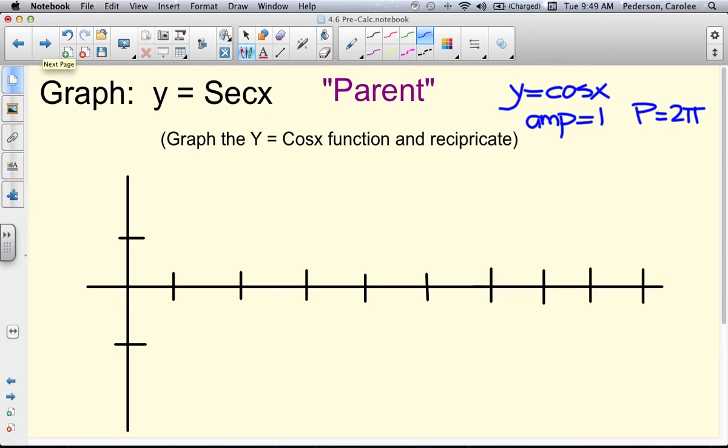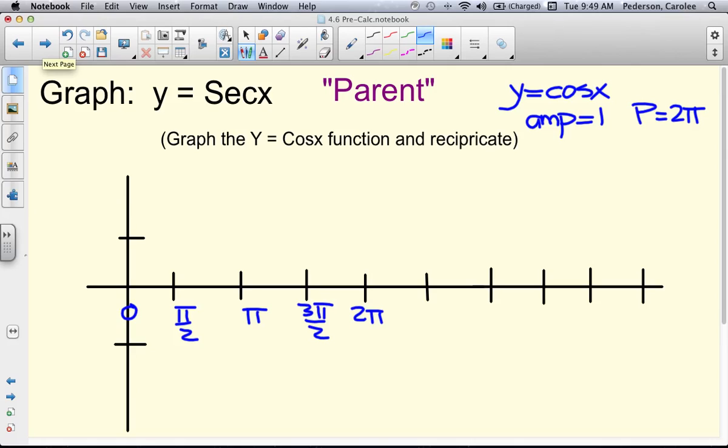And we'll do 2 revolutions again. So 0, 2 pi, split up that revolution into 4 equal parts. Halfway is pi. Halfway again is pi over 2. Halfway again is 3 pi over 2. There's 1 revolution. Add on another revolution of 2 pi.